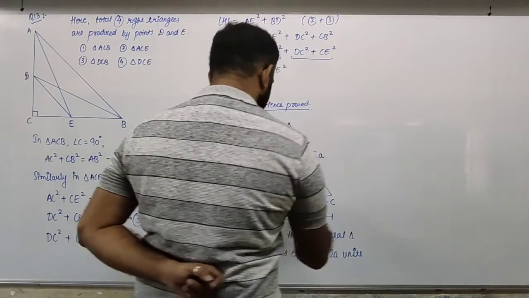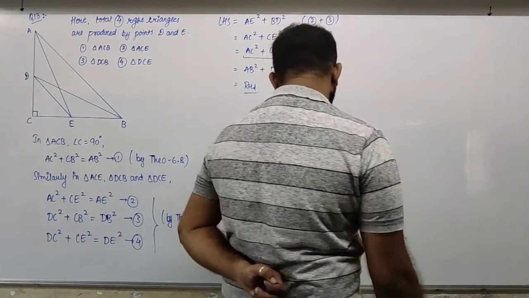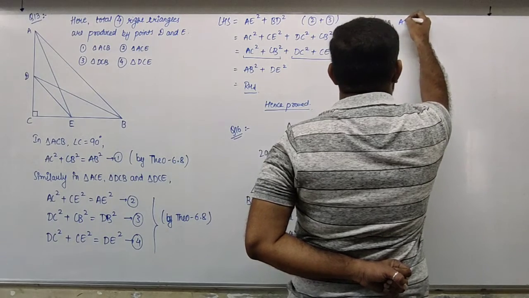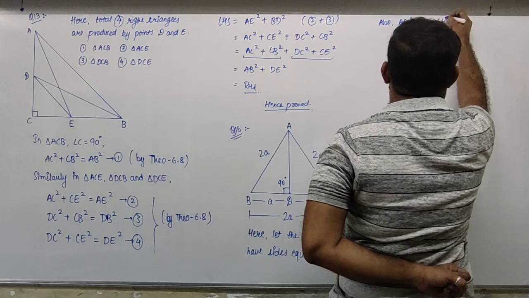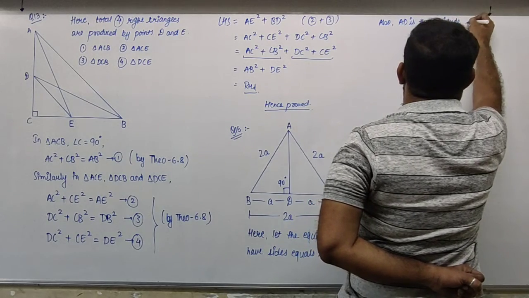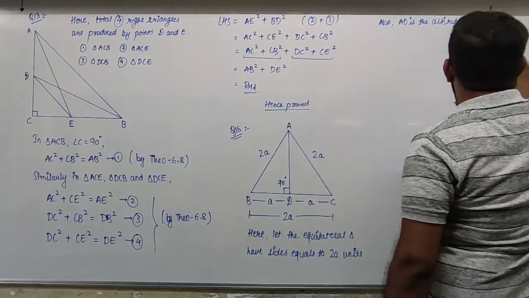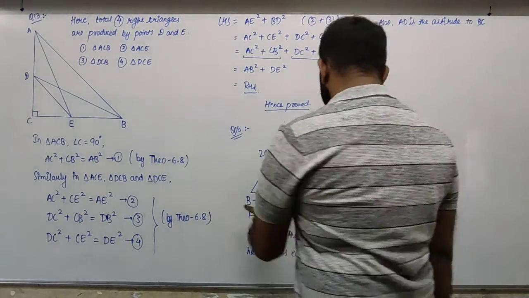Therefore, this is the altitude, so this forms 90 degrees, right? Also, AD is the altitude to side BC. AD is an altitude on side BC.